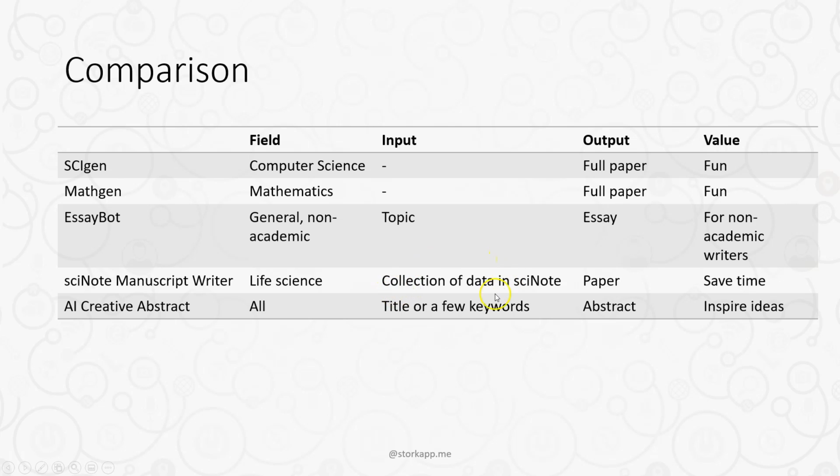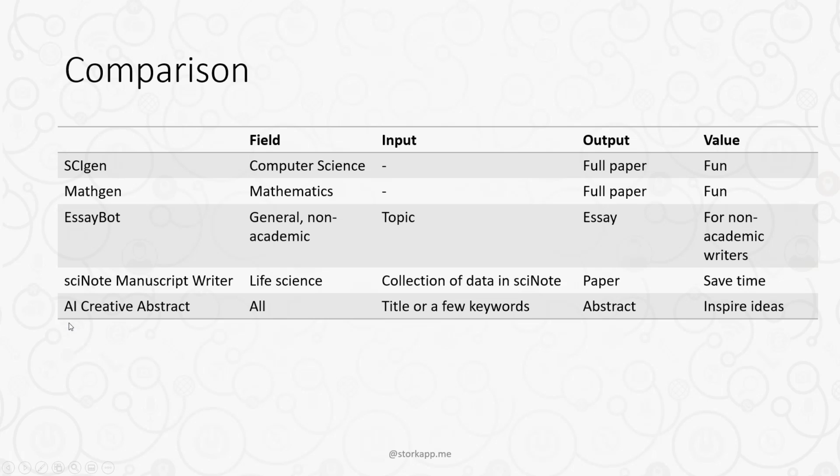The input is complex. It's not just a few keywords or a sentence. First, you need to use SciNote to store your data, your lab notes, etc. And then this app will help you to write the paper. I have not used the app, so I do not know the quality.